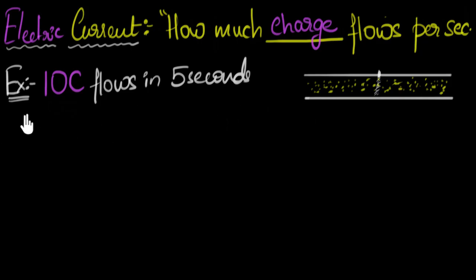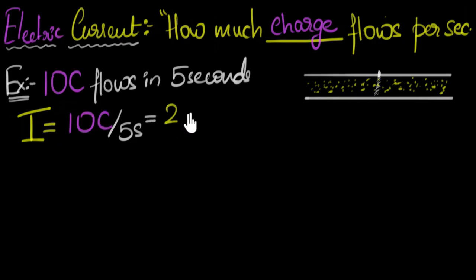Well, the current, which we usually represent as I, we need to calculate how much charge flows per second. So how many coulombs are flowing per second? Right now we have 10 coulombs per 5 seconds. So that amounts to 2 coulombs per second. And we can now say that is the current at that point, 2 coulombs per second, which means every second 2 coulombs are passing by.